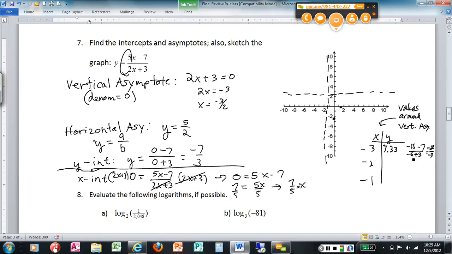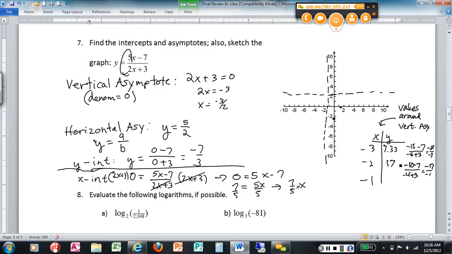At x is negative 2, if I plug in negative 2 for the x, I have negative 10 minus 7 over negative 4 plus 3, which is negative 17 over negative 1, which is positive 17.